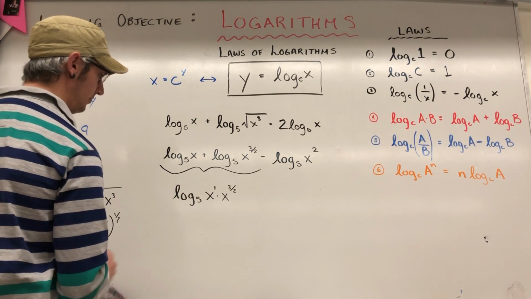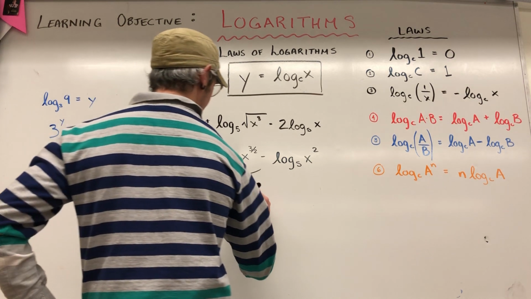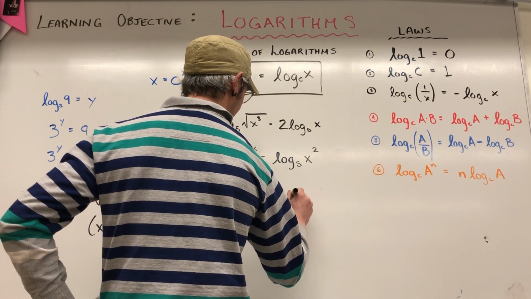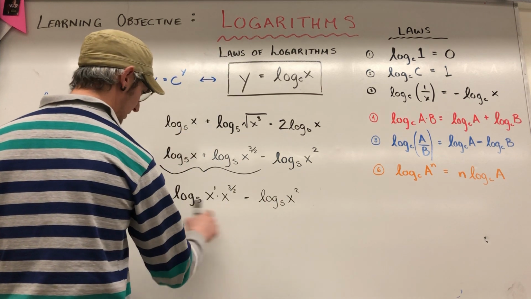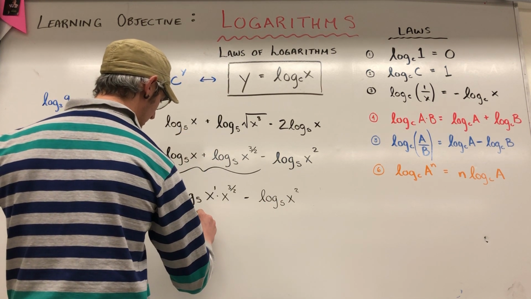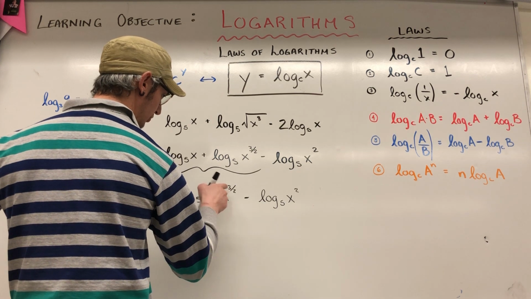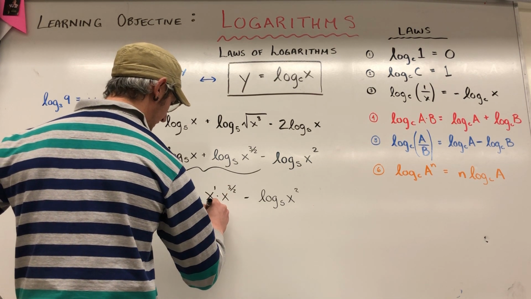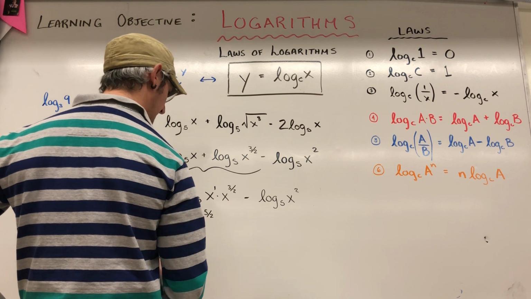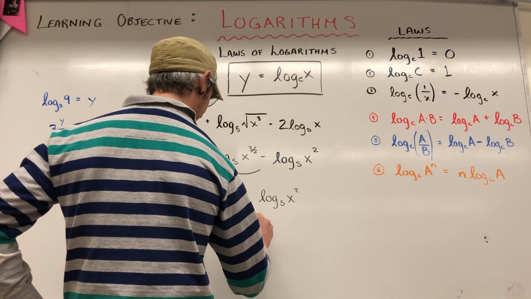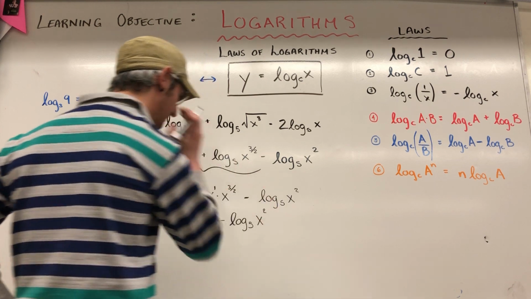So this becomes log base 5 of x to the 2 over 2 plus 3 over 2, which is 5/2, and then minus log base 5 of x squared.